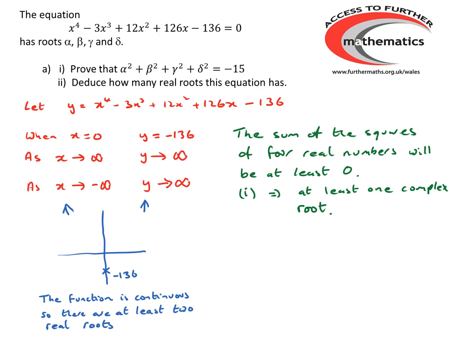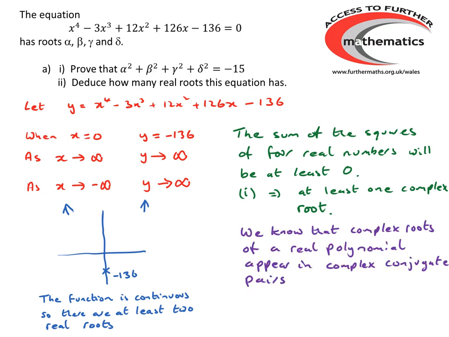But I have an equation with real coefficients, and then we know that the complex roots appear in complex conjugate pairs. So if I have 1 complex root, there must be another complex root.